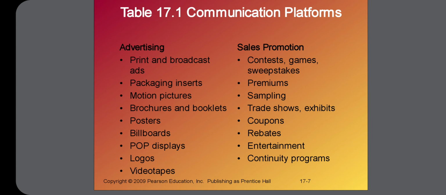Trade shows and exhibits: car manufacturers use this kind of sales promotion, with car expos and artists coming up with exhibits. Coupons, of course: when you go to fast food chains like McDonald's and Jollibee, they have coupons wherein you avail free products or discounts when you present them. Rebates: when you purchase a product, a percentage is returned to you, in the form of rebates.